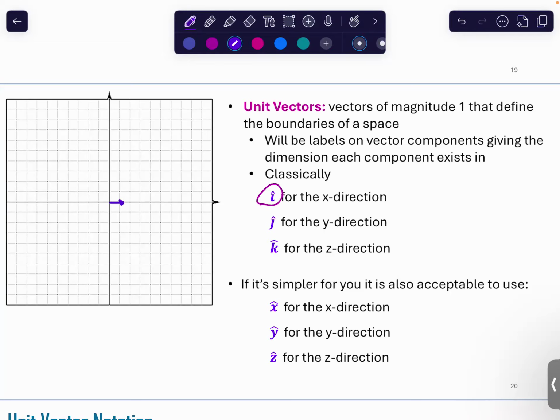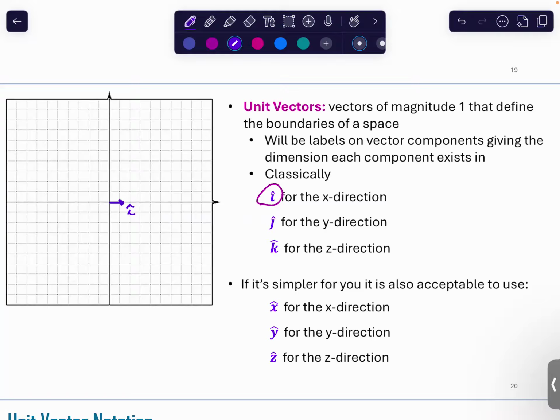And so the unit vector outlining the X dimension, that is your I hat direction. So when you start thinking of directionality, I hat is going to be your X direction. Now, in some textbooks, instead of I hat, J hat, you'll see X hat, Y hat. It's the same thing. It's okay.